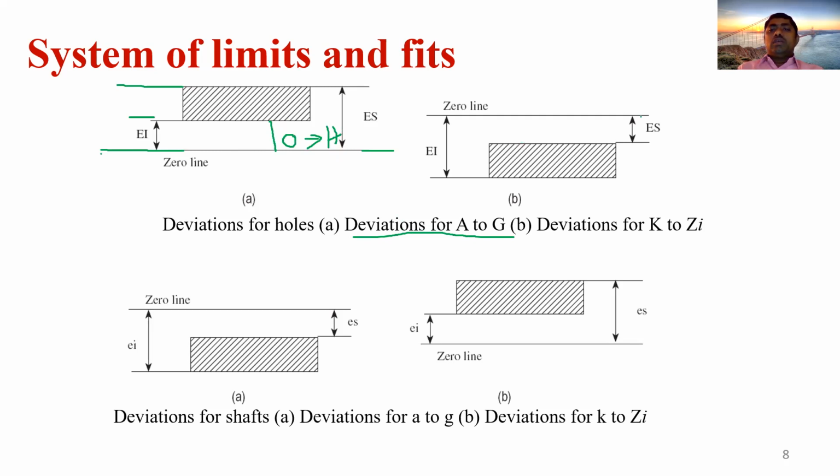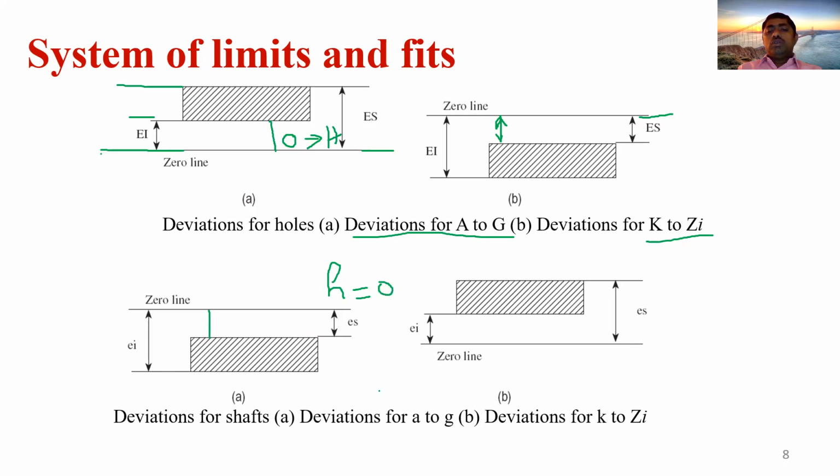Similarly, these are the deviations for the holes from K to ZC. For the shafts, there is a negative deviation from small a to small g, and for small h this deviation is equal to 0.